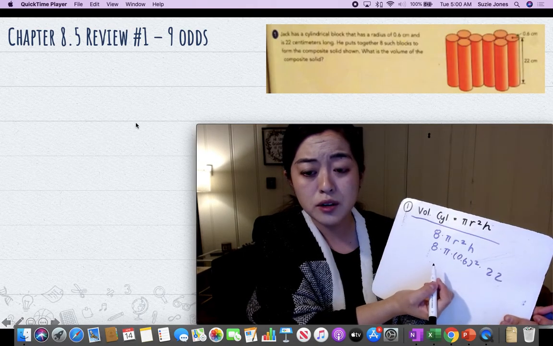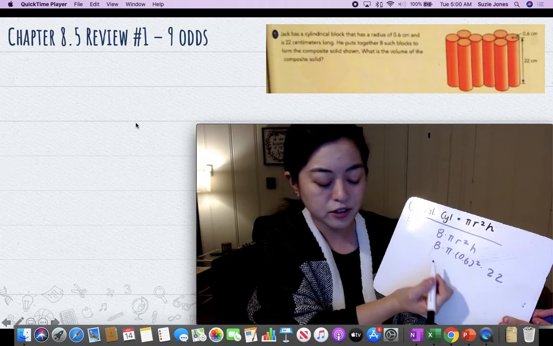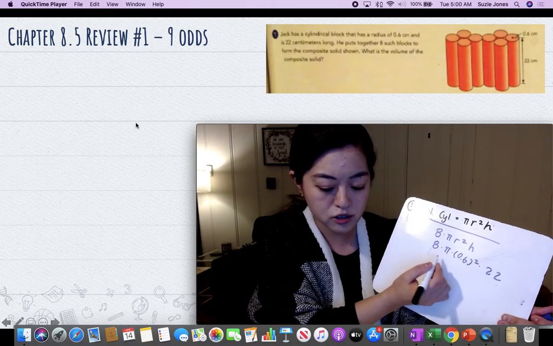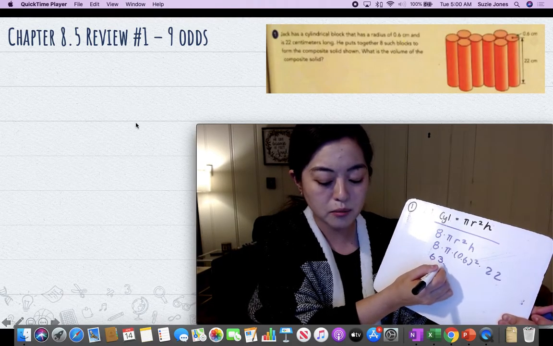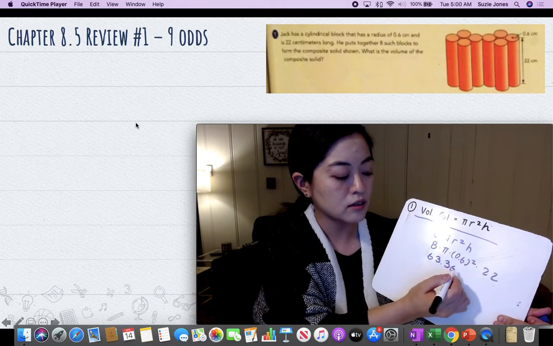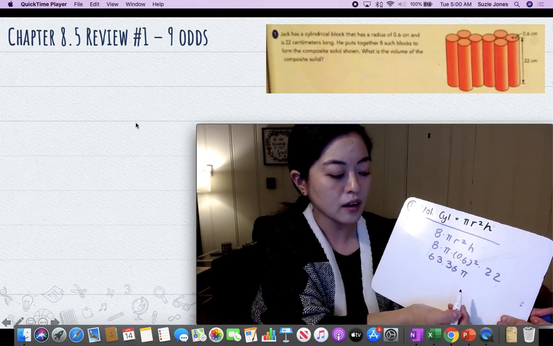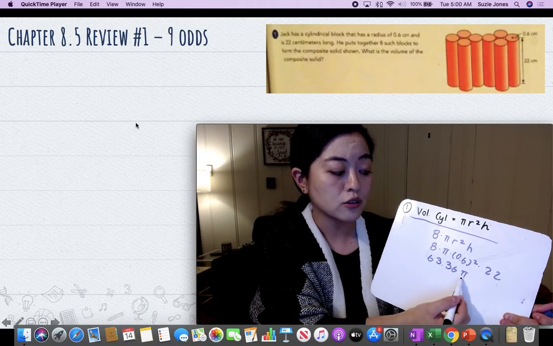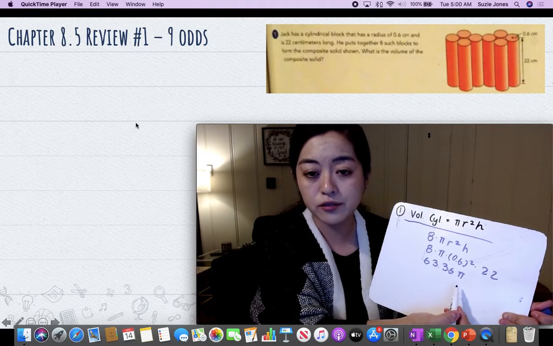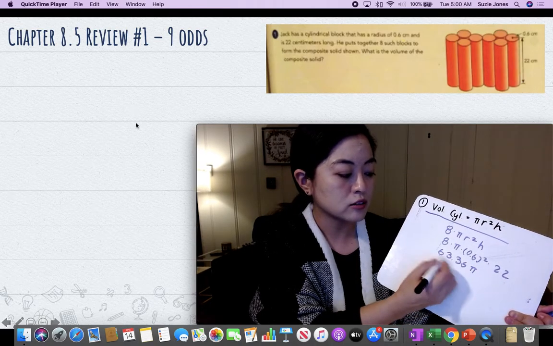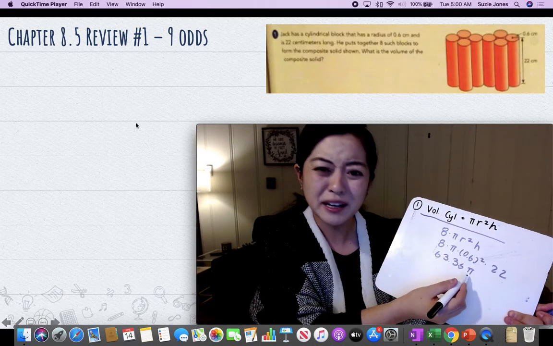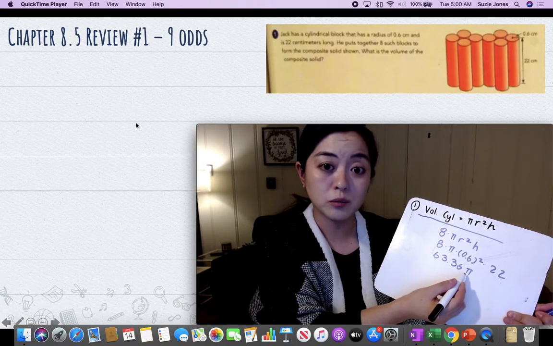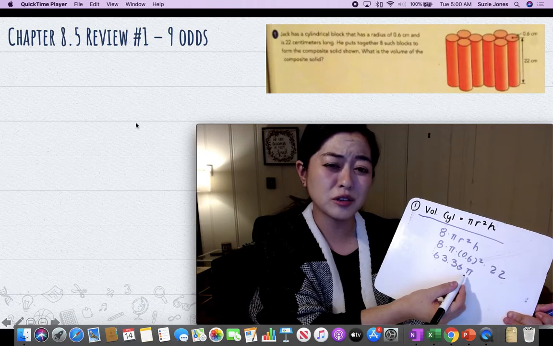And if you input this in your calculator and you simplify, except for pi, you should get 63.36 pi. And then the directions in your book say to use 3.14 as an approximation for pi. Because pi is an irrational number, right, we're just approximating it to 3.14.